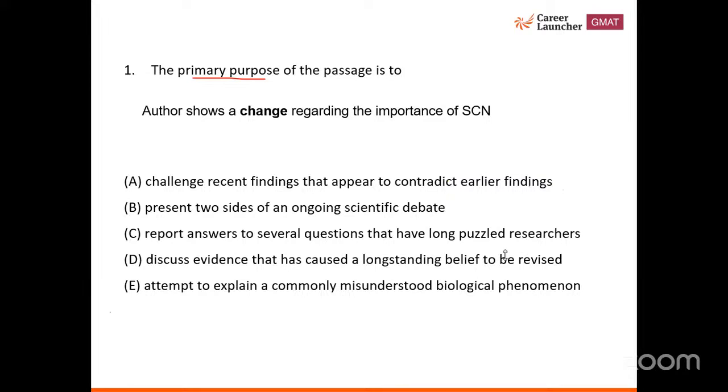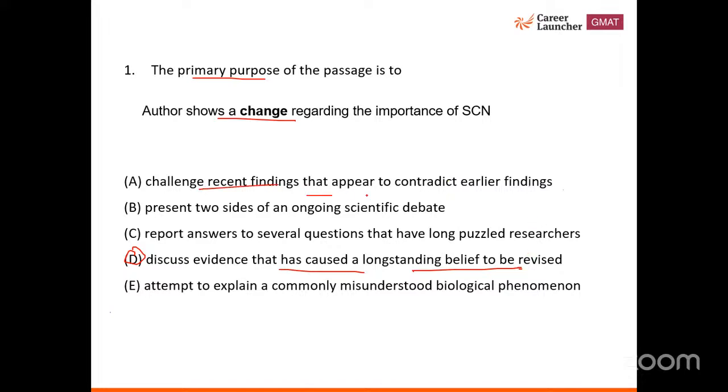Let's see. So clearly, if you have a look at the answer choices, guys, I think there was only one choice that does talk about the change here, which clearly seems to be D, how this long-standing belief has been revised, right? I think that is very clearly the most logical answer choice.